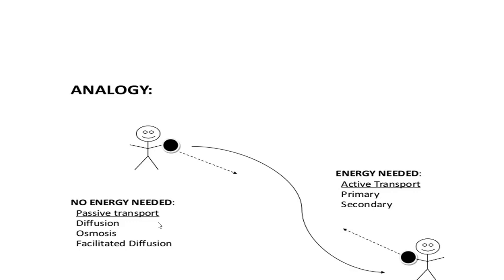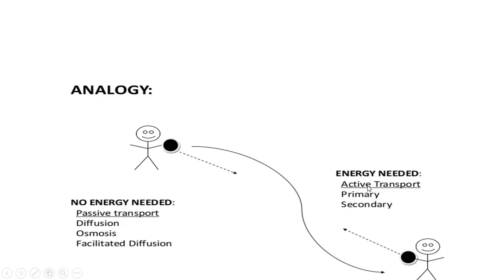In some types of transport we don't need any energy. In this portion you can see we have passive transport: diffusion, osmosis, facilitated diffusion. We will see the details of all these later on. While we have some processes in which we have to spend energy, and this energy expenditure is active transport.